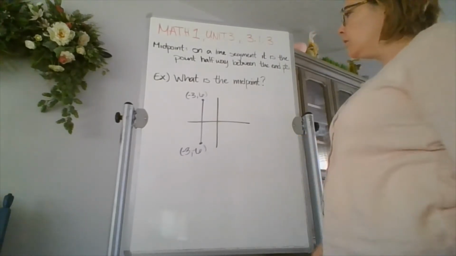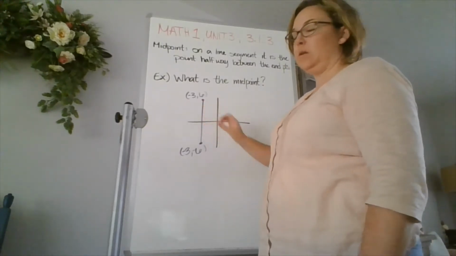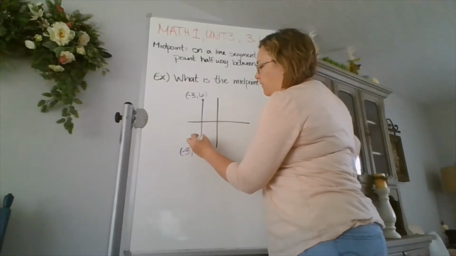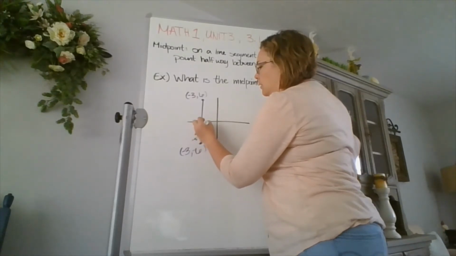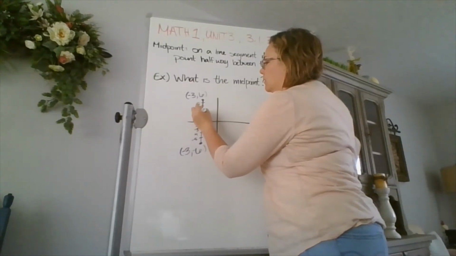Okay, so we are going to count again. I want to count from the ends towards the middle. So by counting, that would be -5, -4, -3, -2, -1, and 5, 4, 3, 2, 1.